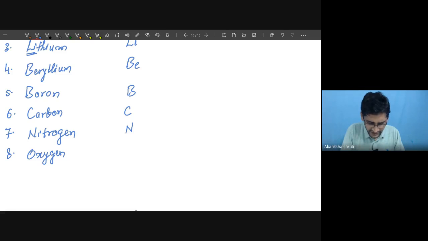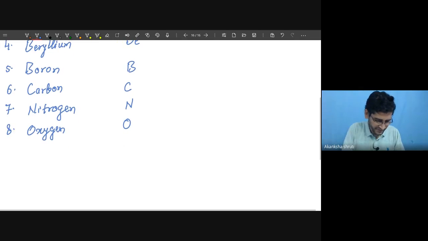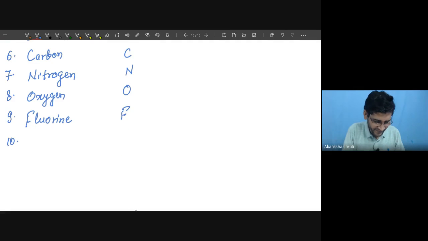The symbol for oxygen is O. The ninth one, fluorine. F-L-U, fluorine. Many times we read it as F-L-O. So the symbol for fluorine is F. The 10th one is our neon. Symbol is Ne.